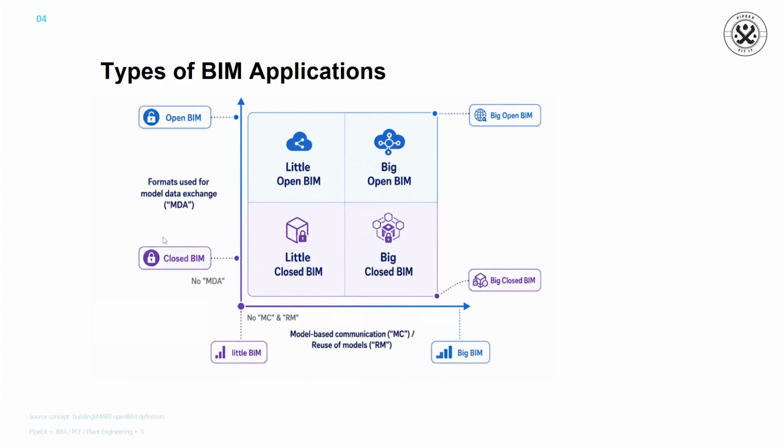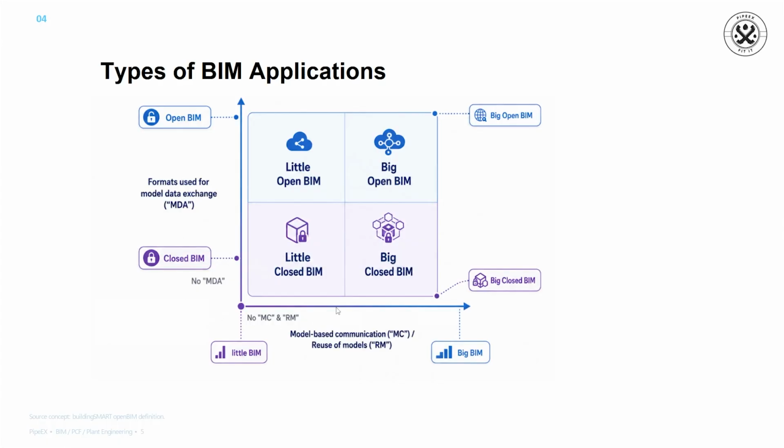In closed BIM workflow, project participants usually work inside one software ecosystem or rely mainly on proprietary formats. In an open BIM workflow, different participants can use different software tools, but they exchange information through neutral or standardized formats. One example of such a format is IFC, which we will discuss later in this video.